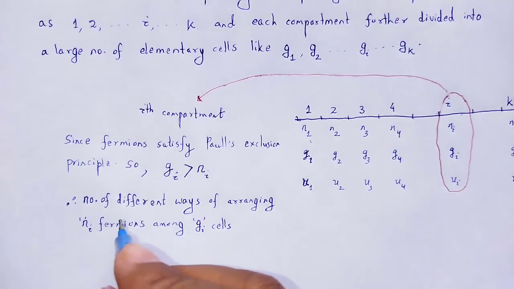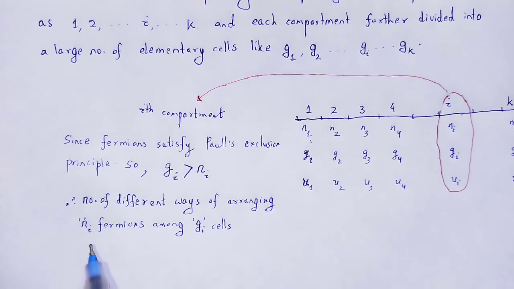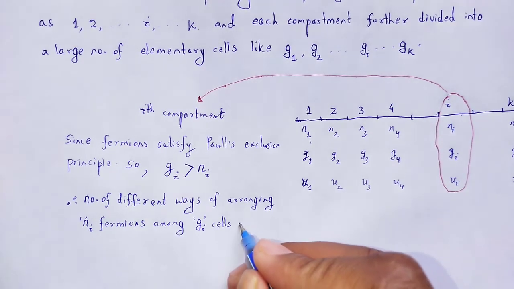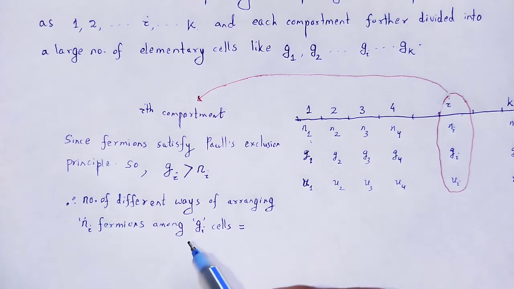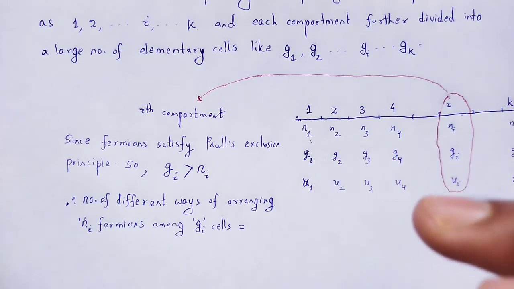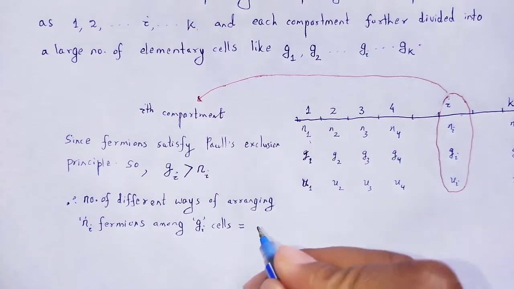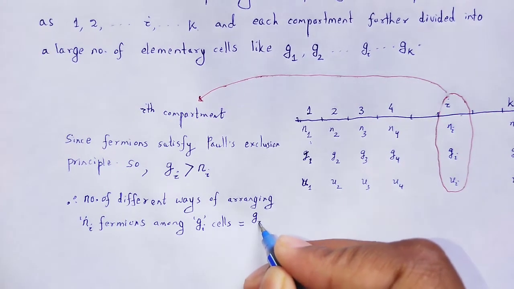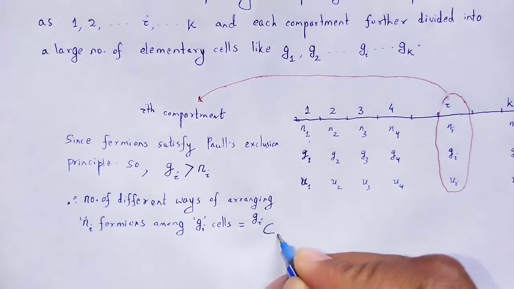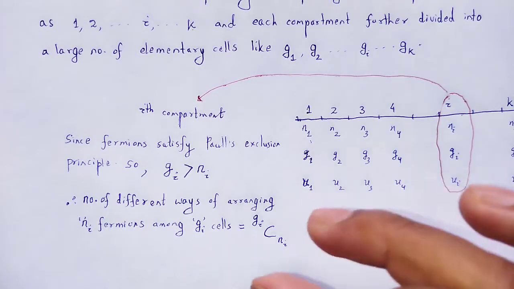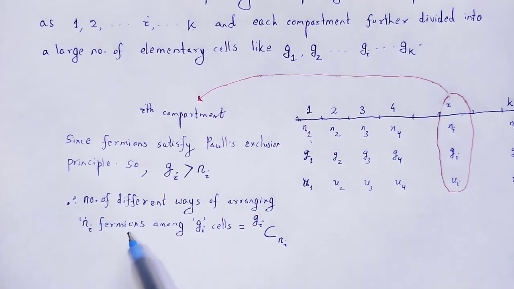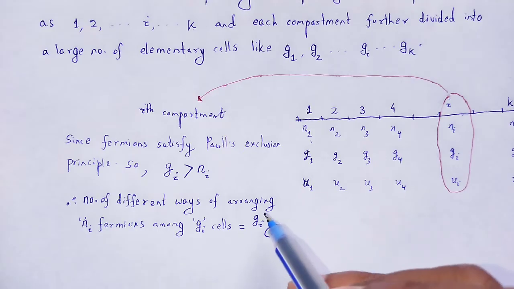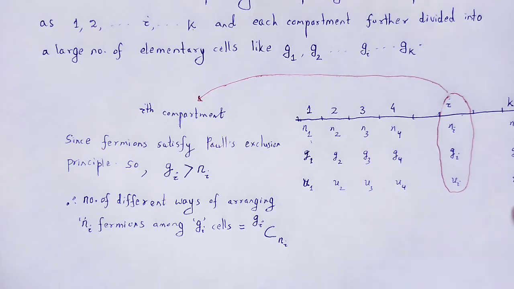What is the number of different ways we can arrange Ni number of fermions among Gi number of cells? That can be obtained using a mathematical tool, that is combination. So Gi combination Ni will be the number of different ways of arranging Ni number of fermions among Gi number of cells, that is Gi combination Ni.